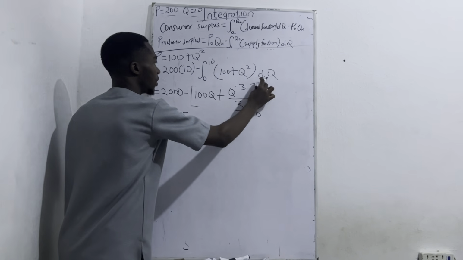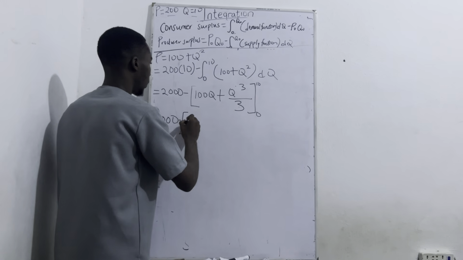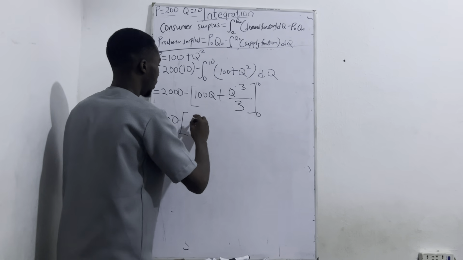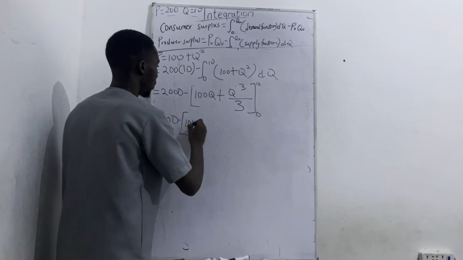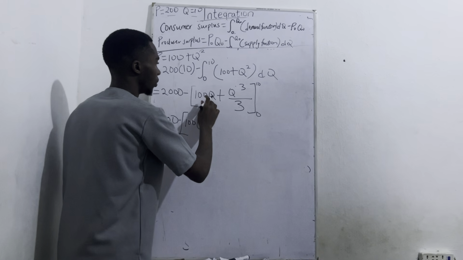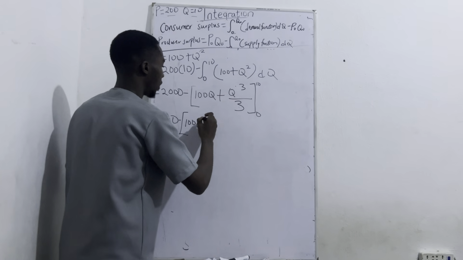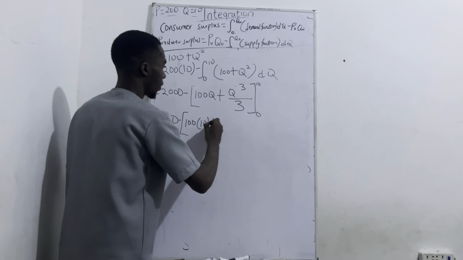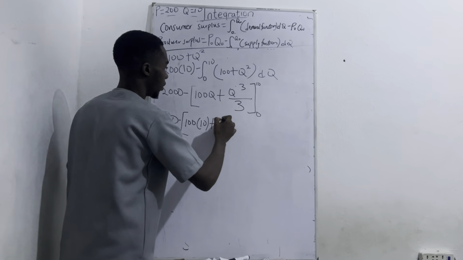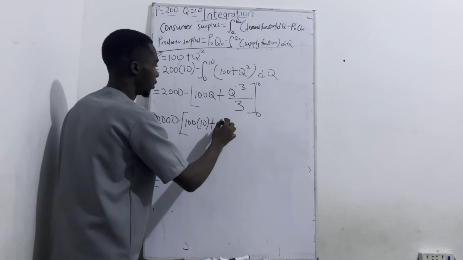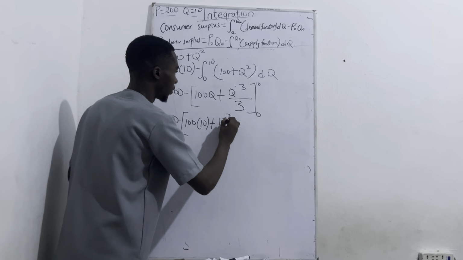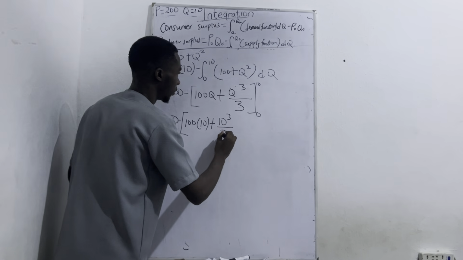Now I'm going to substitute 10 into it first. Anywhere we see Q, we put 10 there. So 100 into brackets, Q is now 10, so 10, plus 10 cube over 3.